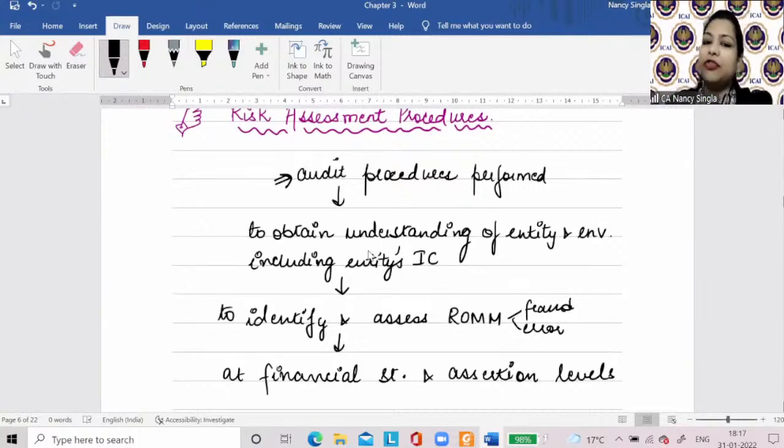The auditor performs them under SA 315. Now quickly, what is the name of SA 315 for all those who have gone through chapter number 2? And here again, I'll remind you that learning is very important. Chapter number 1 and chapter number 2 have already been finished, so you must have understood it. Now start learning also, okay?